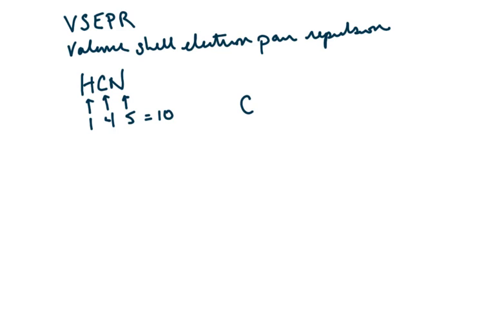So we're going to go carbon, and we're going to put the nitrogen on one side and the hydrogen on the other side. And then we're going to fill in the lone pairs. And we're counting up how many electrons we drew.